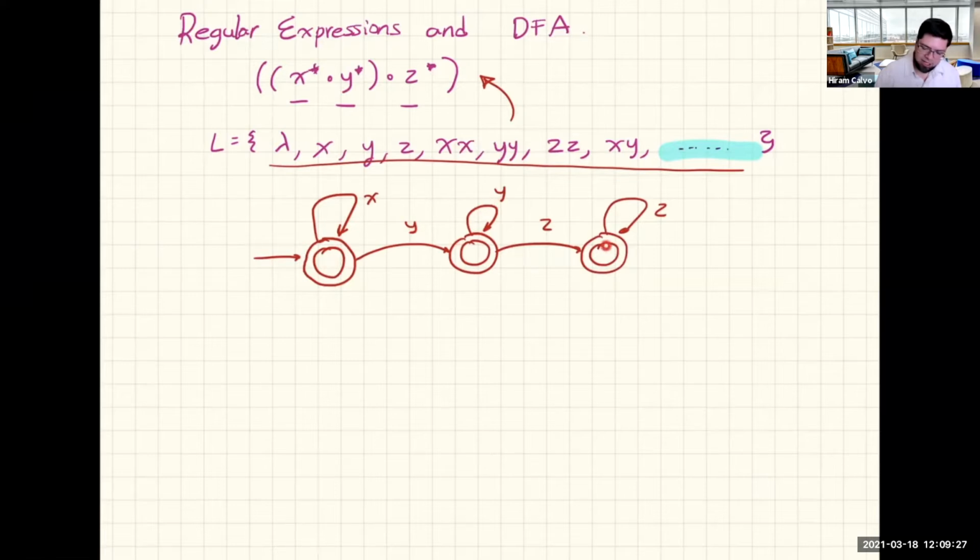With this procedure, I am forcing to have exactly one occurrence of Y before having one occurrence of Z. So in order to avoid this, I need to make a bridge like this one and add directly. This will allow to have one occurrence of Z or more, or one occurrence of Y or more, one occurrence of X or more. So with this little bridge, the automaton would be complete.